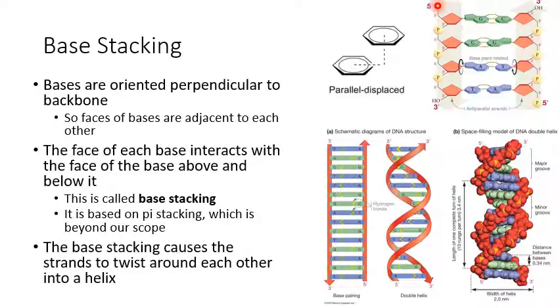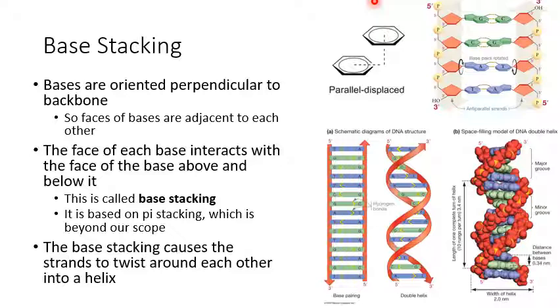When you have those nitrogenous bases stacked like that so that their flat sides are facing each other, they can actually interact with each other. We call that interaction base stacking. Actually, it's a type of interaction from chemistry called pi stacking.